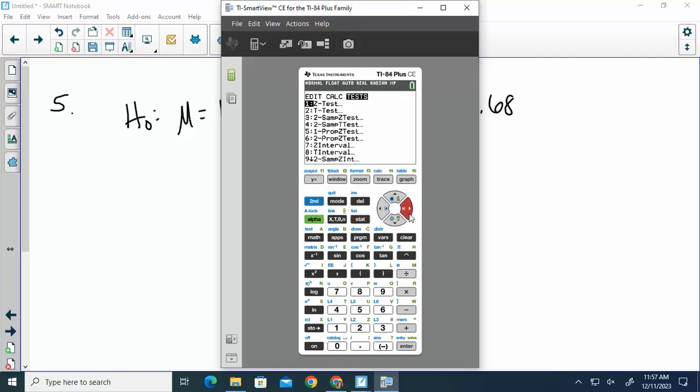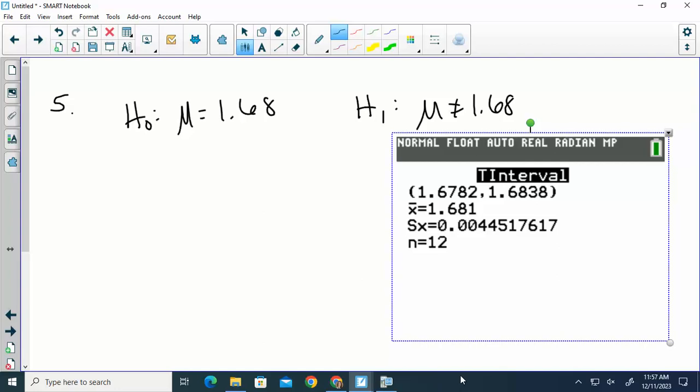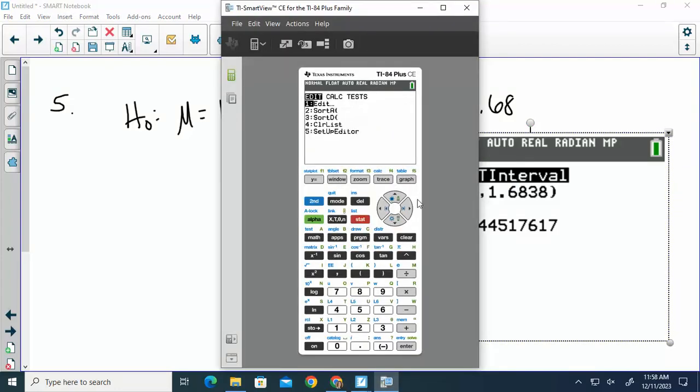So now we are looking for a confidence interval. If we are talking about the mean, what's our variable, t or z? T. So we need a t interval. We're basing it off data. Everything's in L1. My confidence level was 0.95. So we get our confidence interval. Everybody get that? So you went to the stats tests, number 8, t interval.